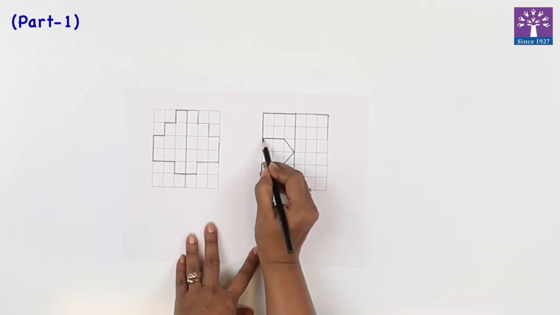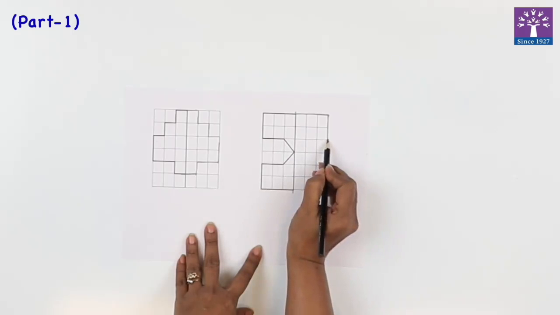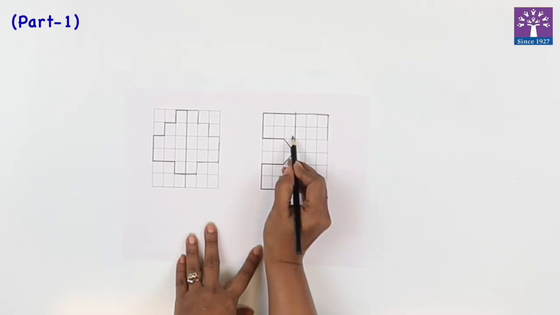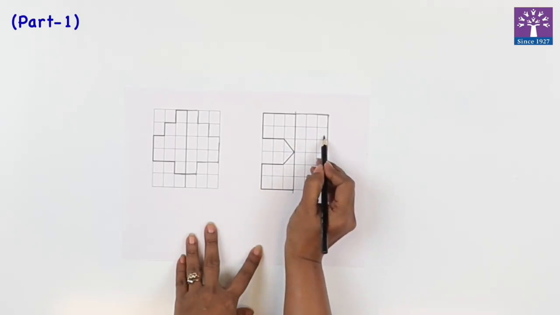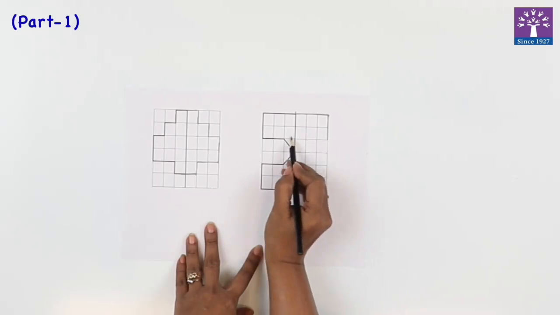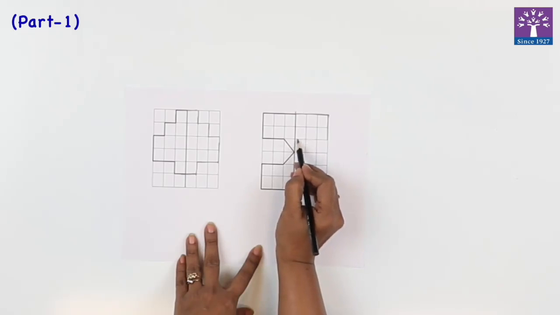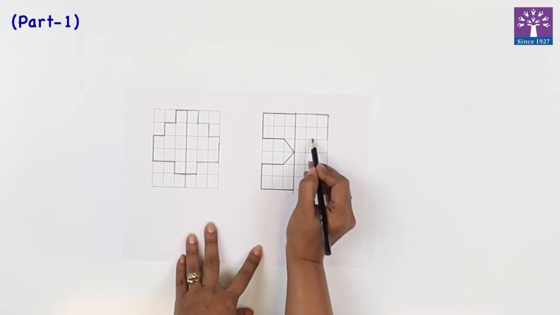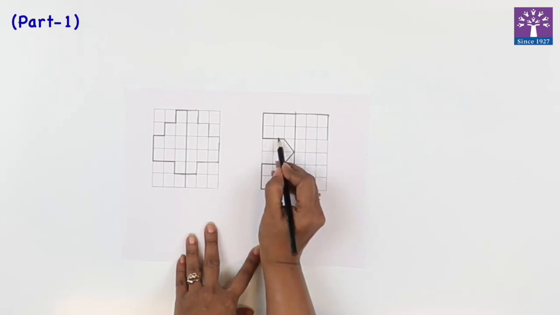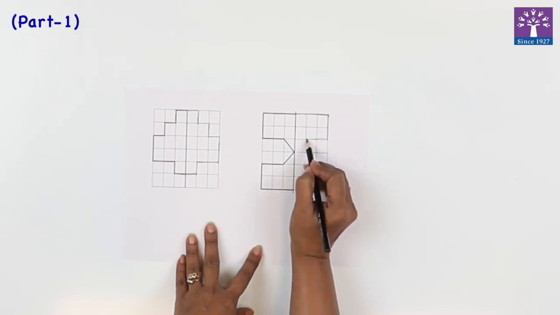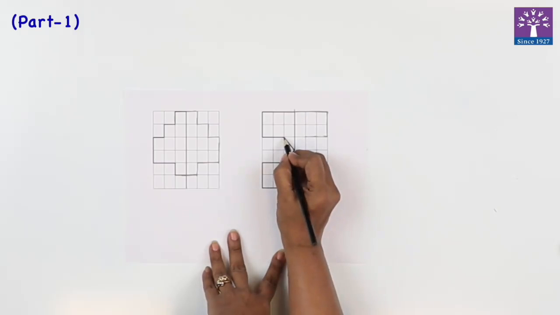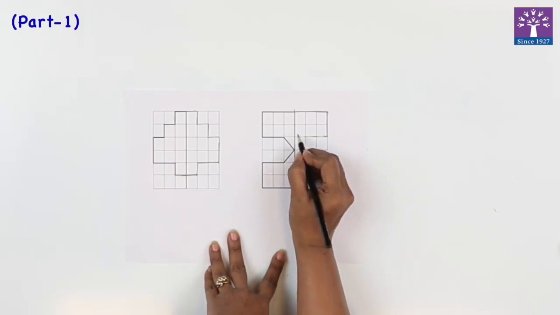From this point and this point, yes, these 2 points are the same now. 1, 2, 3, 1, 2, 3. So again there is no line on this side, on this square. So we will leave this square empty and then 1 and 2, same like 1 and 2. This is this point on both the sides of the mirror line.